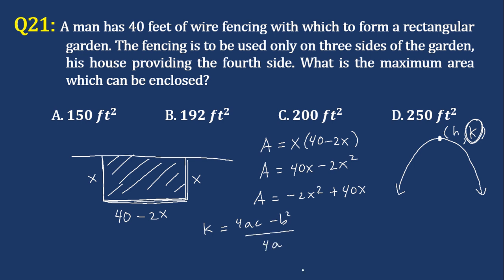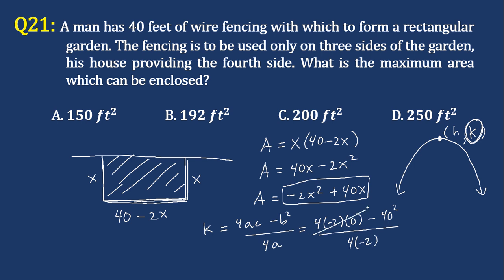So what's a here? We can just look at this. So 4 times negative 2. C is the constant, but there's no constant, so this is 0, minus b squared, which is 40 squared, divided by 4 times negative 2. Automatically this vanishes because this is 0. So we will have negative 40 squared over negative 8.